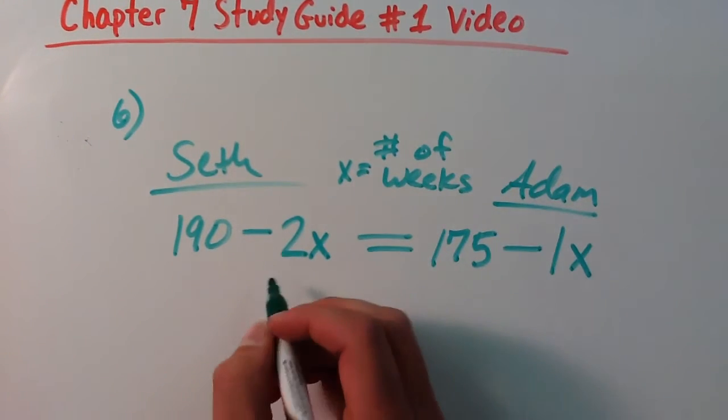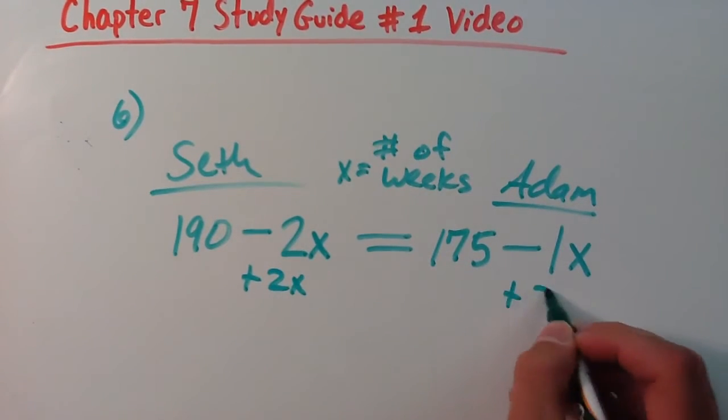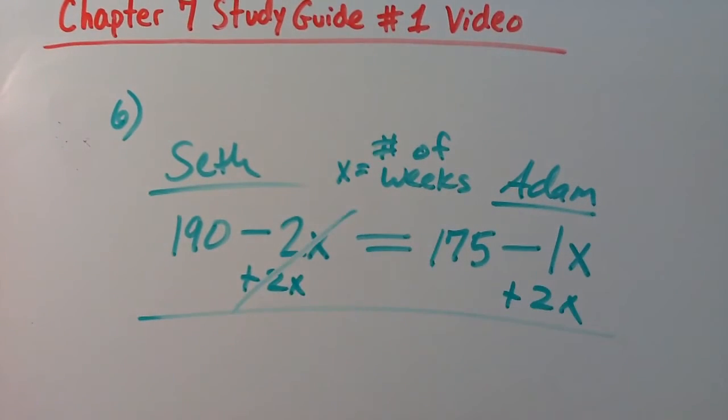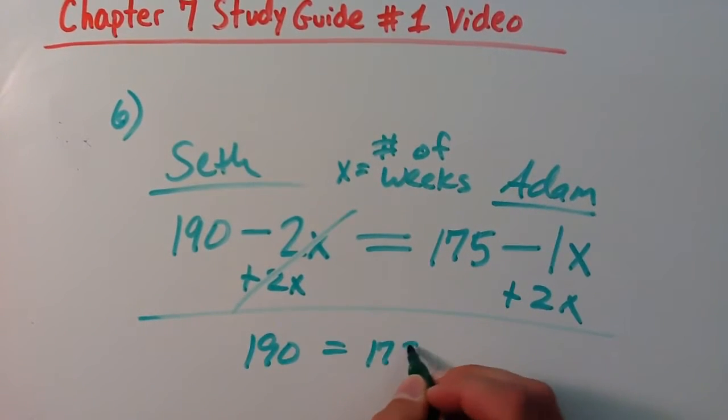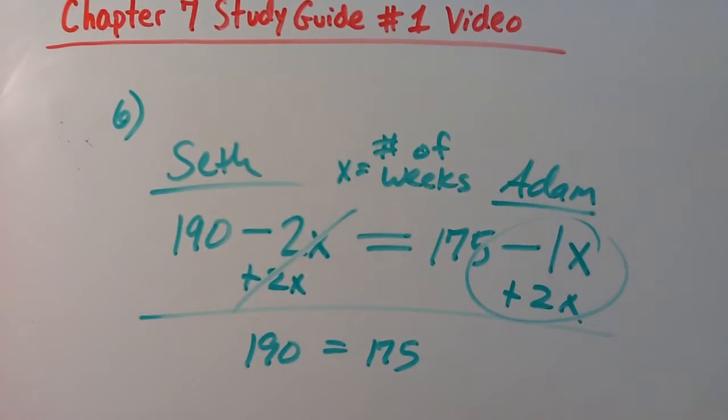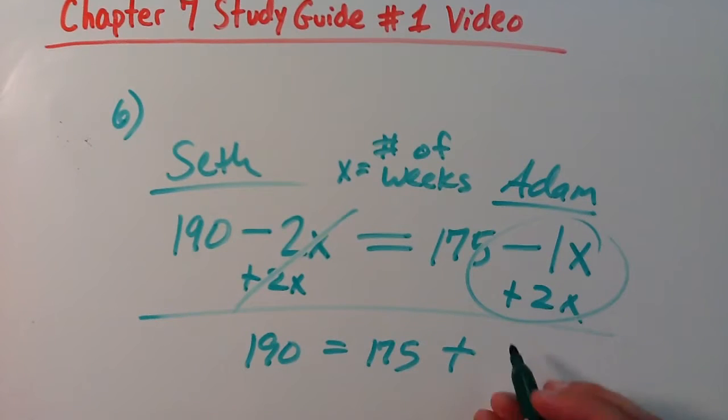To undo the subtraction, I would add 2x to both sides, so those 2x's cancel. So 190 is equal to 175, and here I have negative 1x plus 2x. Well, they have different signs, so I would subtract and keep the big guy. And so I would get positive, because the positive number is the big guy, and 2 minus 1 is 1, 1x.